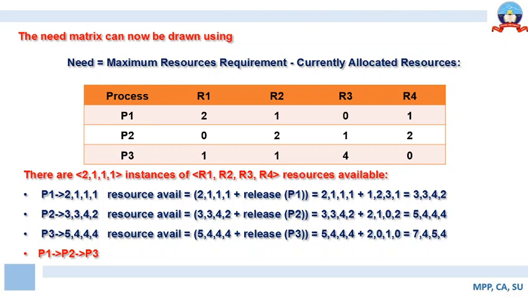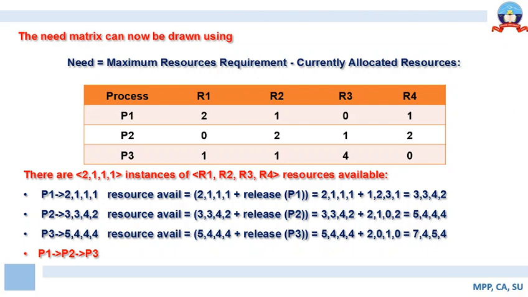Now out of P1, P2, P3, P1 and P2 have already completed their execution. Now we are left with P3. So P3 is assigned 5444. With this assignment, P3 will complete its execution. Once P3 completes its execution, it will release all the resources, that is, the resources that were assigned to it, as well as the resources that it was previously holding.